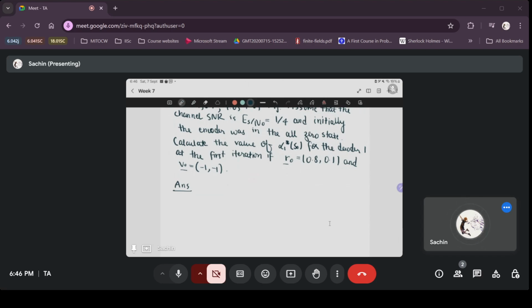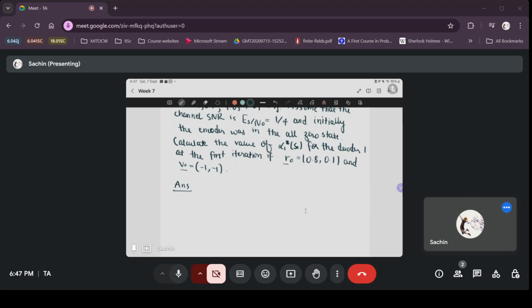So from lecture, you would have seen the formula for alpha L plus 1 of a state S in terms of gamma L of S prime comma S plus alpha L of S prime, where S prime is all the states at time L. In the log domain, it will be alpha L plus 1 star of S is gamma L star of S prime comma S plus alpha L star of S prime, something of that sort.